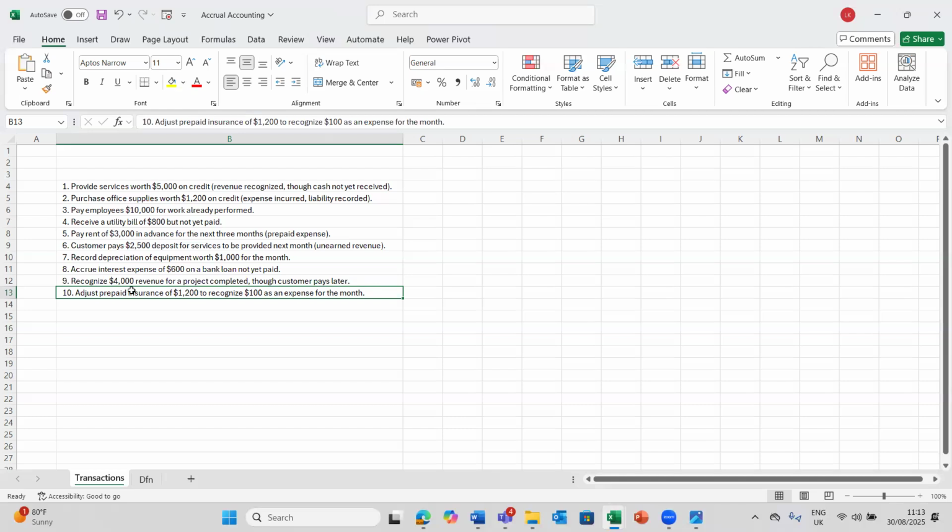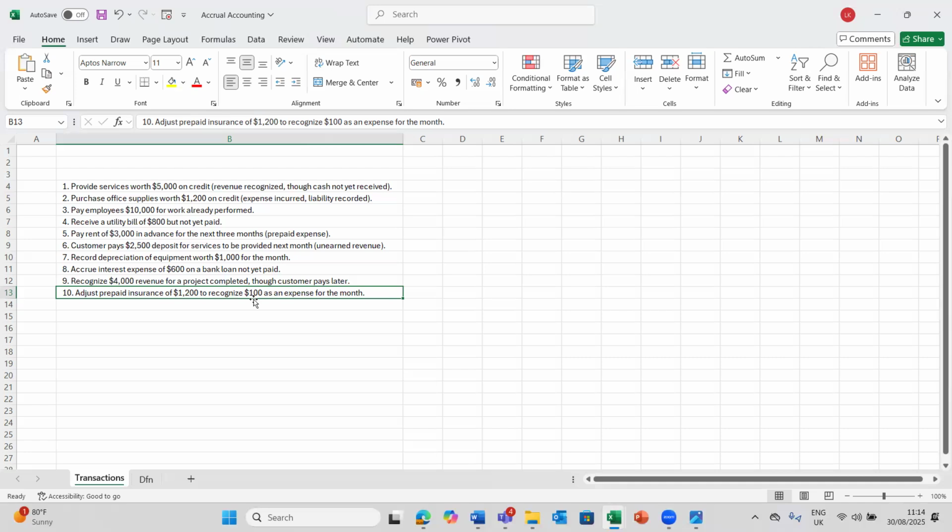So when you are reporting each month, you don't have to recognize all this 1,200 as insurance expense. You have to prorate it. 1,200 divided by 12 gives us 100. So each month, the expense will be 100. That's the beauty of accrual accounting.